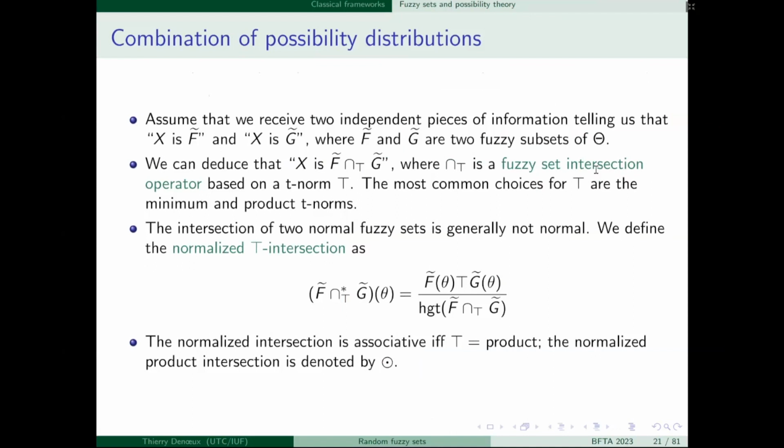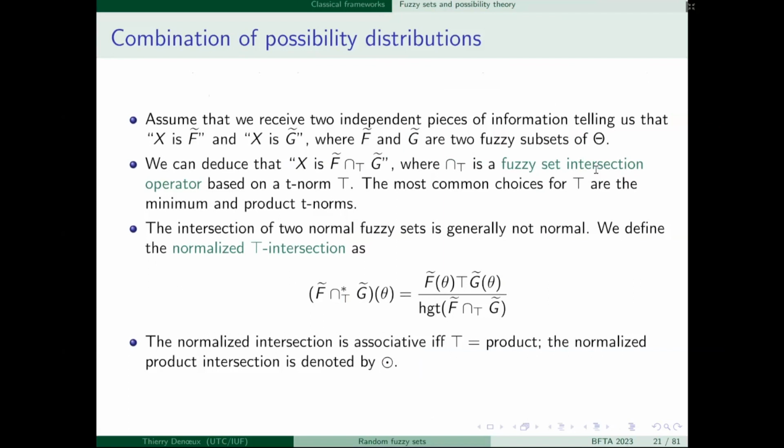This is normal. And then you have another fuzzy set G tilde, and you take, for example, the minimum. So the intersection for the minimum is like this. You just take the minimum of these two functions, and you have something like this. And this is the height. Height is not equal to 1. So even though you combine two normal fuzzy sets, the intersection is not normal.